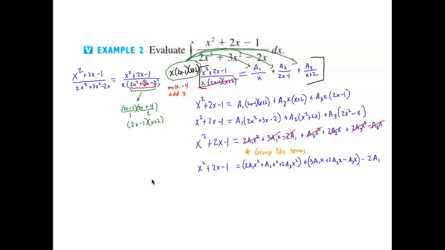All right, the next thing I want you to recognize is that all those sets of parentheses have something in common. What's the common factor in the first set of parentheses? x squared. So I can factor x squared out. I'm going to actually factor it to the back.